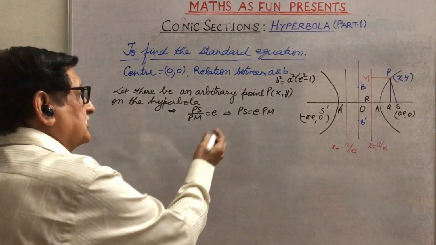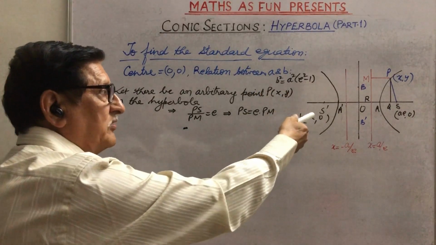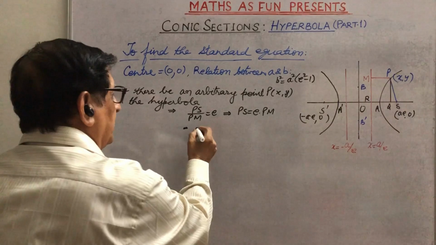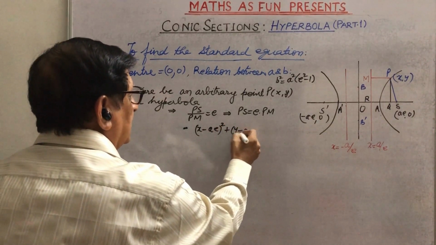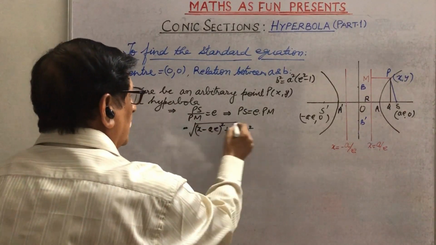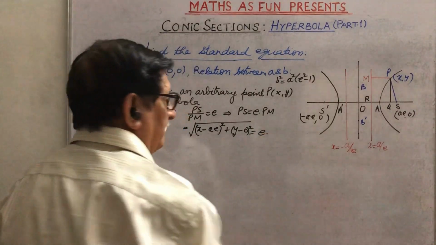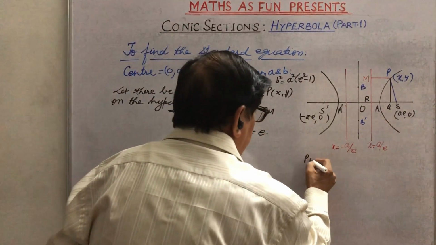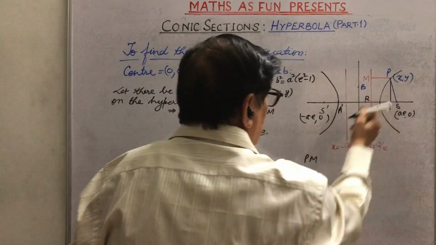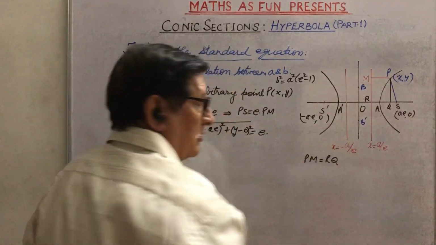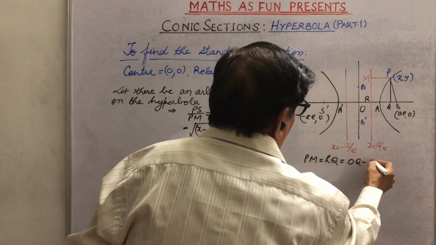Now if we find the distance PS by the distance formula, we can see the distance between the focus and the point, that will be the square root of (x minus ae) whole square plus (y minus 0) whole square, is equal to e into PM. What is PM? To see here, PM is equal to RQ, or not? Can we write RQ as OQ minus OR?